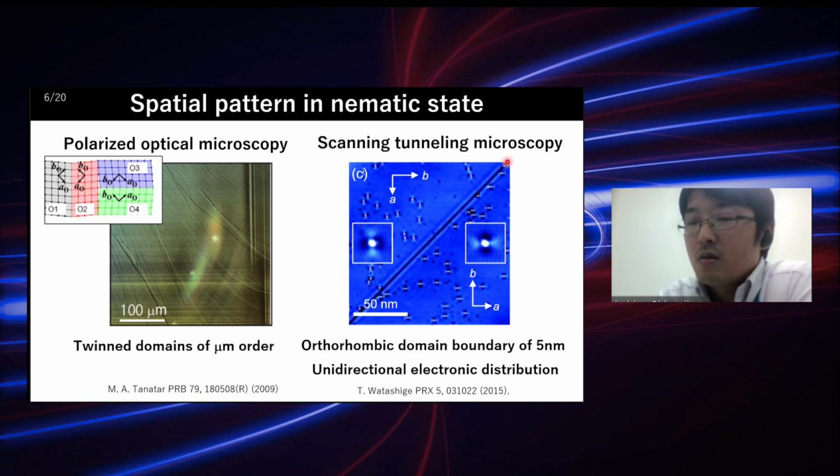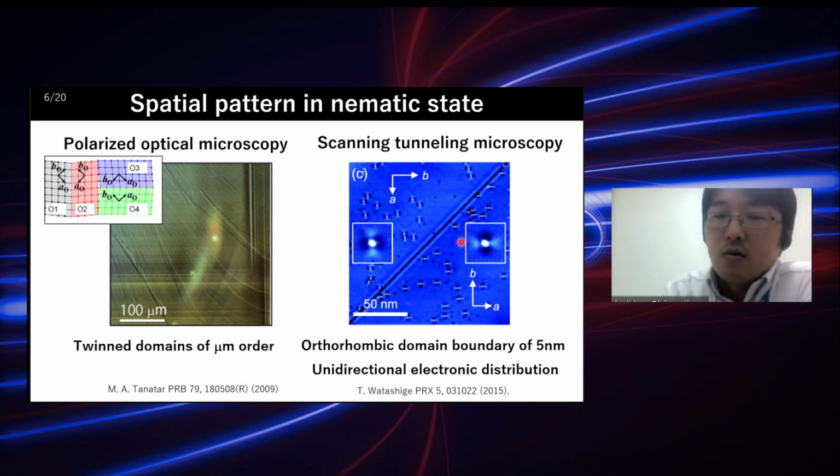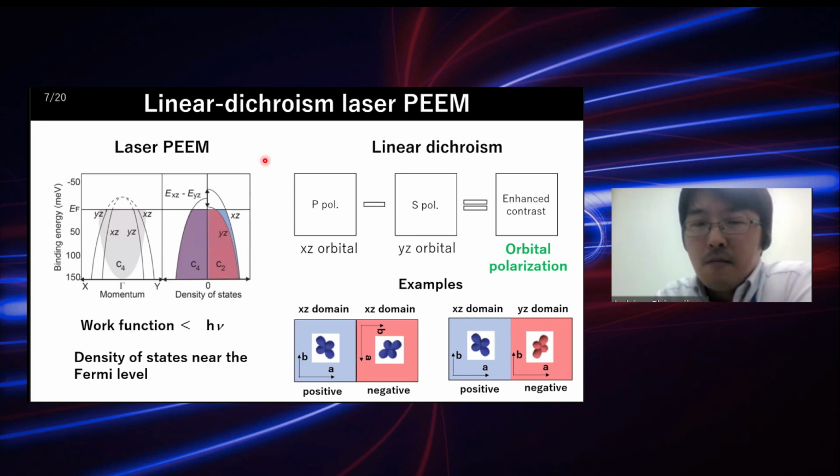So this is certainly the orthorhombic domain boundary. However, we don't know about the spatial distribution of the polarization. In order to investigate this, we focus on laser photoemission electron microscopy.